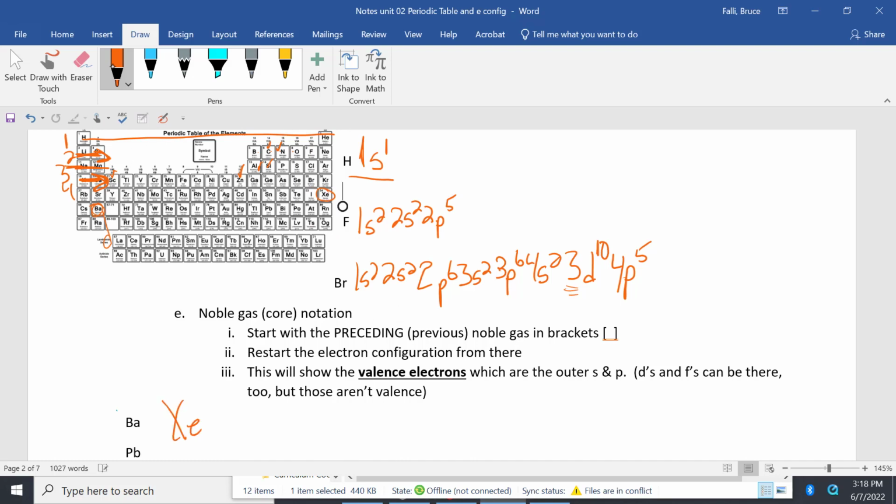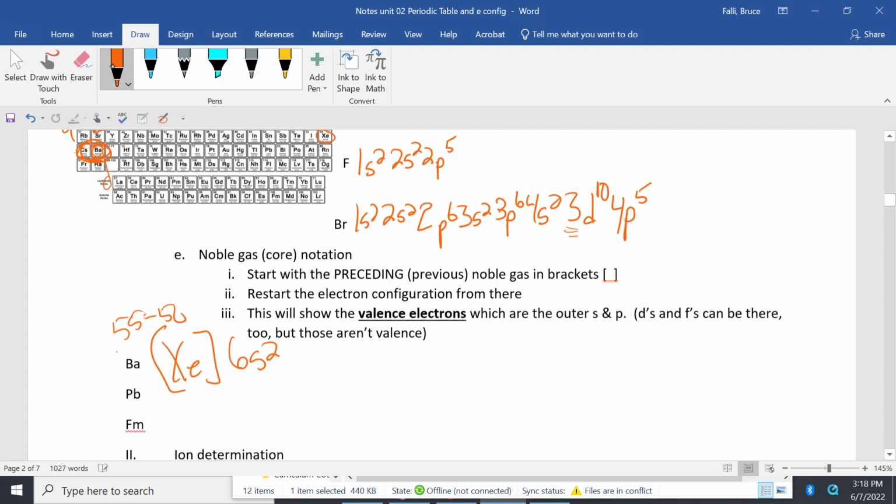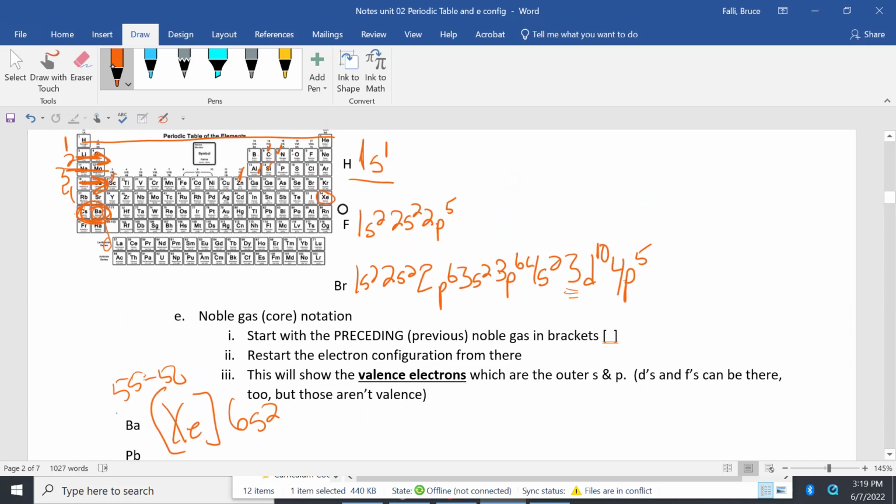So I put xenon in brackets. And then after xenon, all I have are numbers 55 and 56, which are these right here. 1, 2, 3, 4, 5, 6. Sixth energy level, S block 2. That's it.